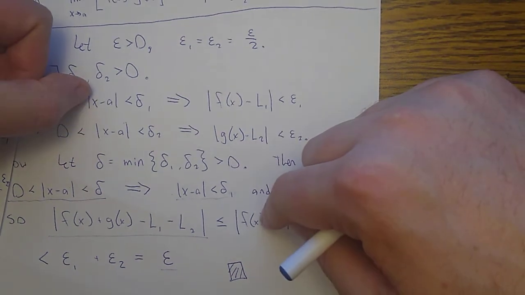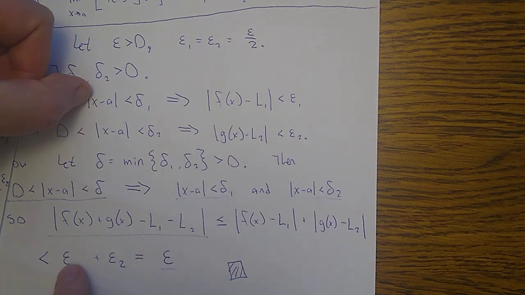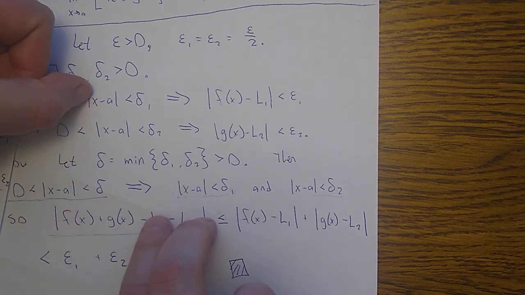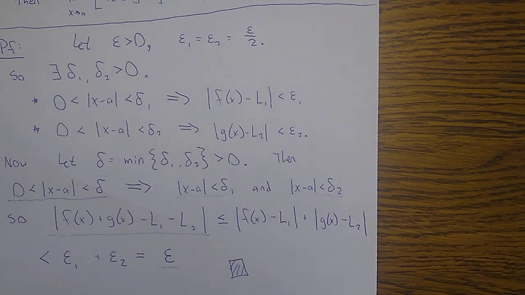And if this is very close and this is very close, like this distance is at most epsilon 1 and this distance is at most epsilon 2, then the sum of the two functions is close to the sum of the two limits. And there's some technical messing around with inequalities, but the proof isn't too bad. It can be seen as intuitive in a way.